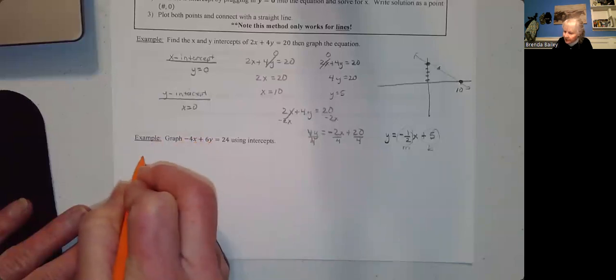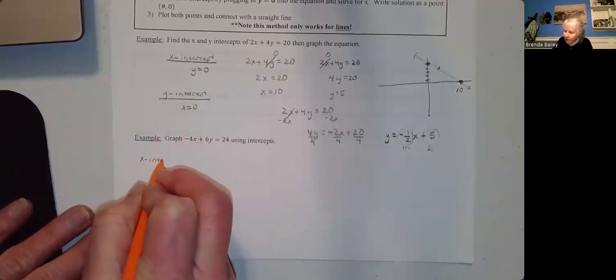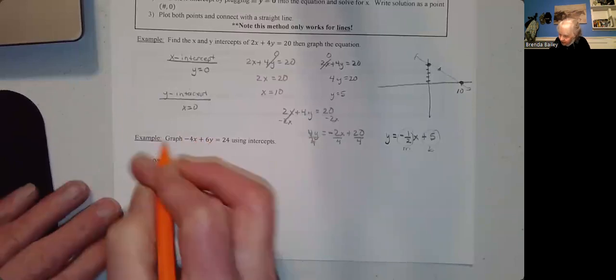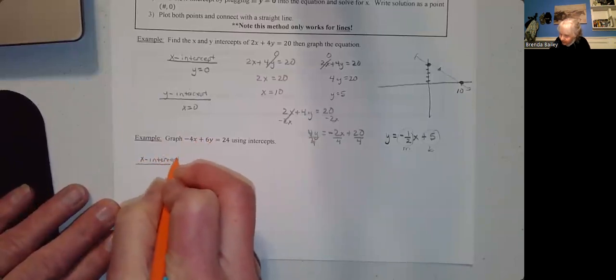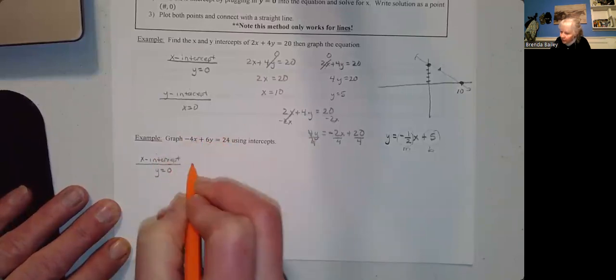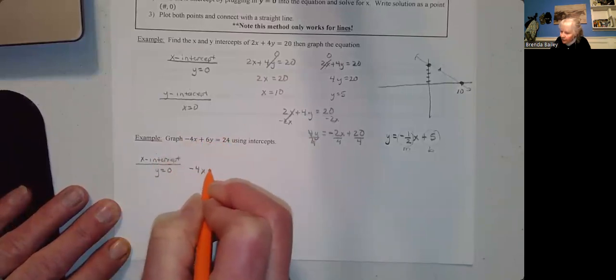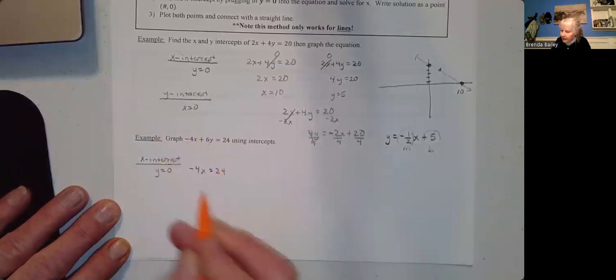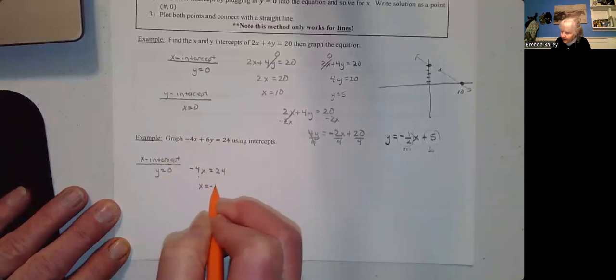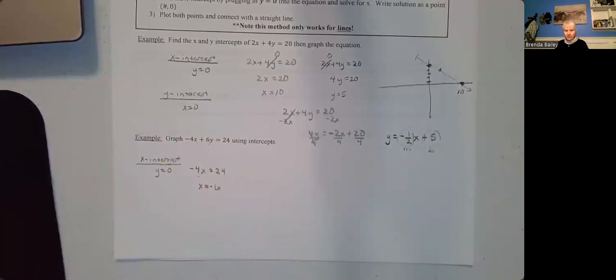So for the x-intercept, I'm going to go through it step by step. So y equals 0. So you're left with negative 4x equals 24. Divide by a negative 4 to find out what x is equal to. X is a negative 6.